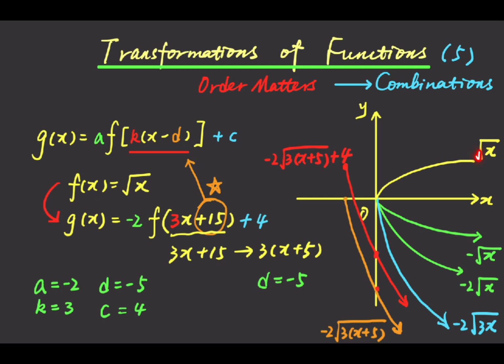First, from the base function to figure out this function. Of course, you can skip this step to figure out this function, -2 square root of x. Then you can transform this function to this function. That you say, you should do the transformation of 3 as the factor. Then you can get this function.